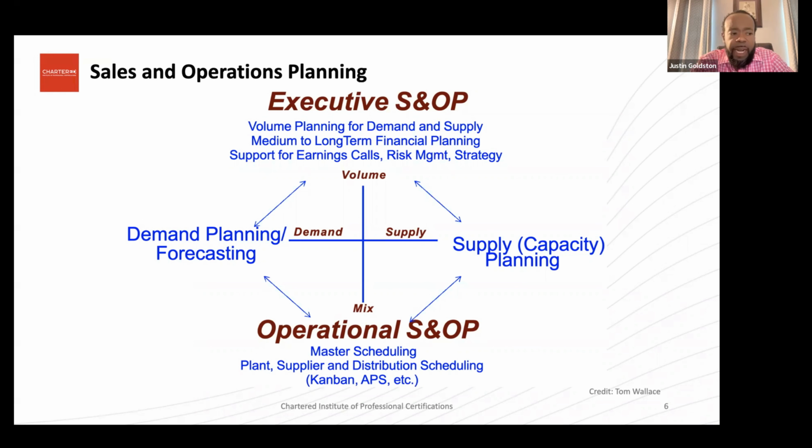We have to understand what risks we have from a supply chain perspective, which is going to impact our forecast. And we have to consider that when we're discussing S&OP among decision makers in the organization.